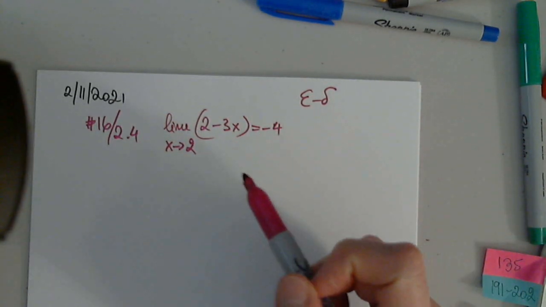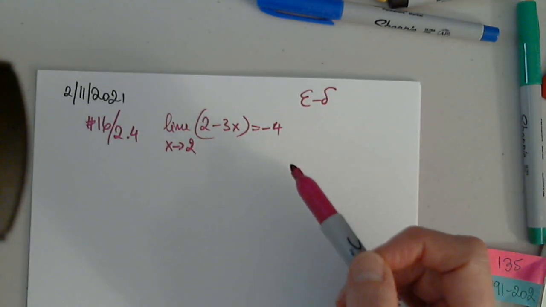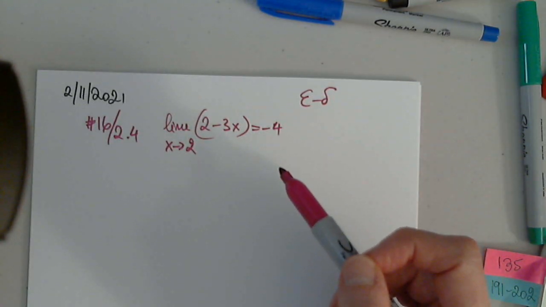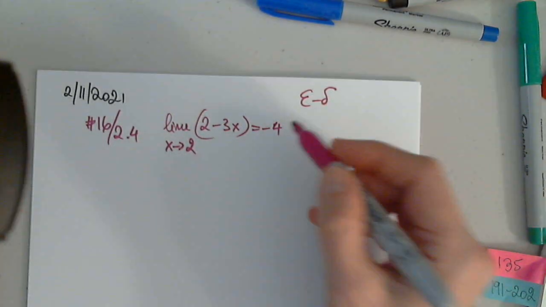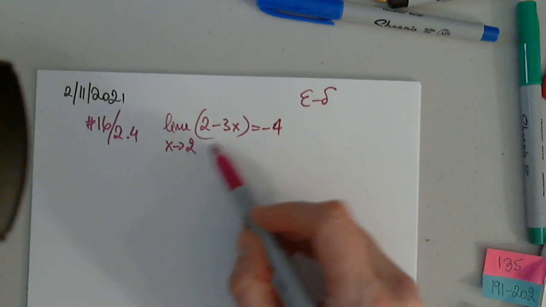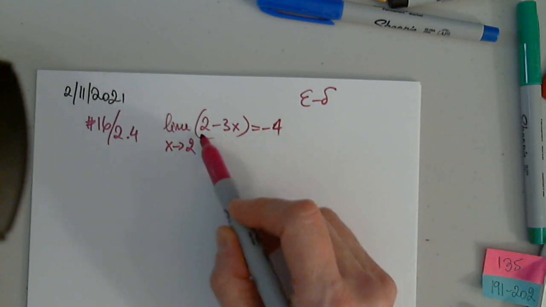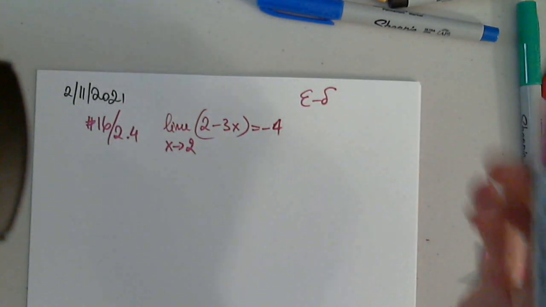Of course, we should always check. This is not a trick question. We're not asked to show something that is not true. But I will plug it in. 3 times 2 is 6, and 2 minus 6 is -4, so that's correct.